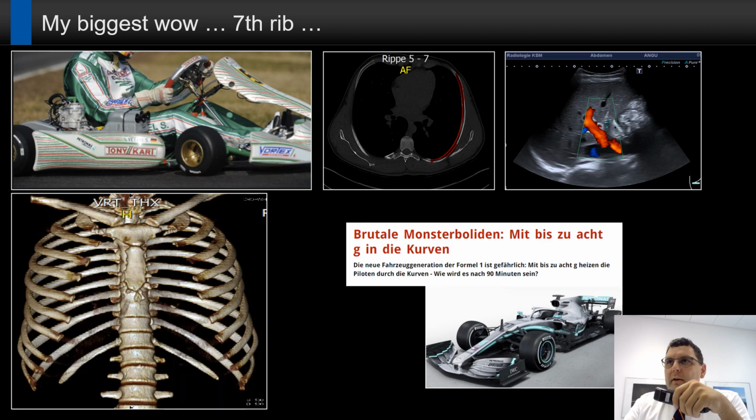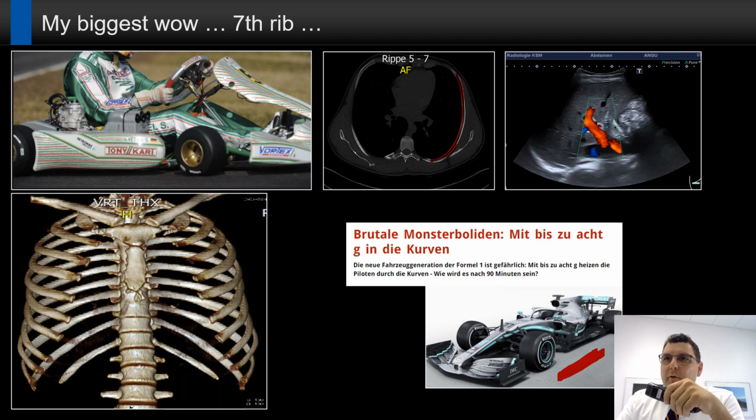We also did an ultrasound in addition, just to be sure, and I also did ultrasound of the rib. I could not see anything. However, this sportsman is a professional race car driver. This is his race car.